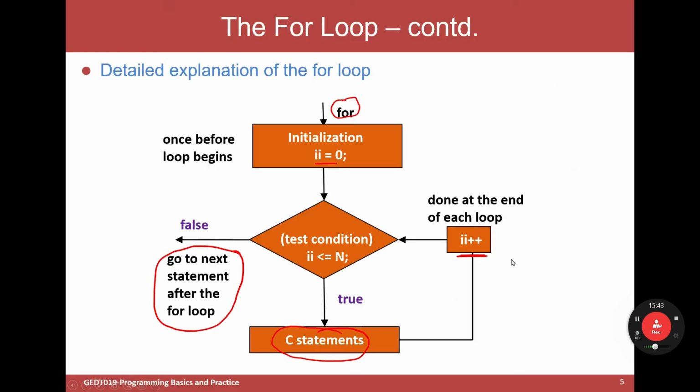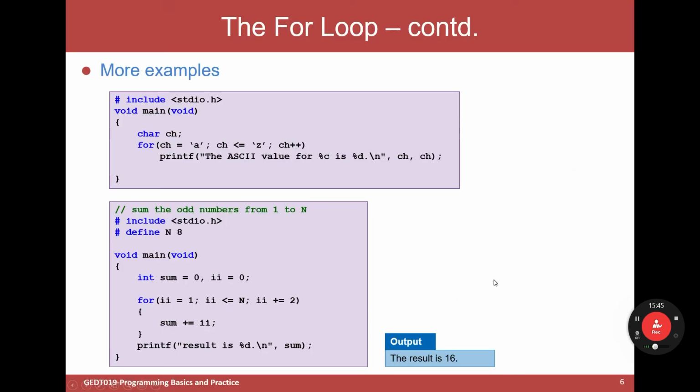Okay, so now let's continue. Here is another example. In this example, there is a character, and I say the initial value of the character is 'A'. This is the condition here: if the character is less than or equal to 'Z', every time increase the character by one. So the character starts at A, but the next time the character will be plus one.